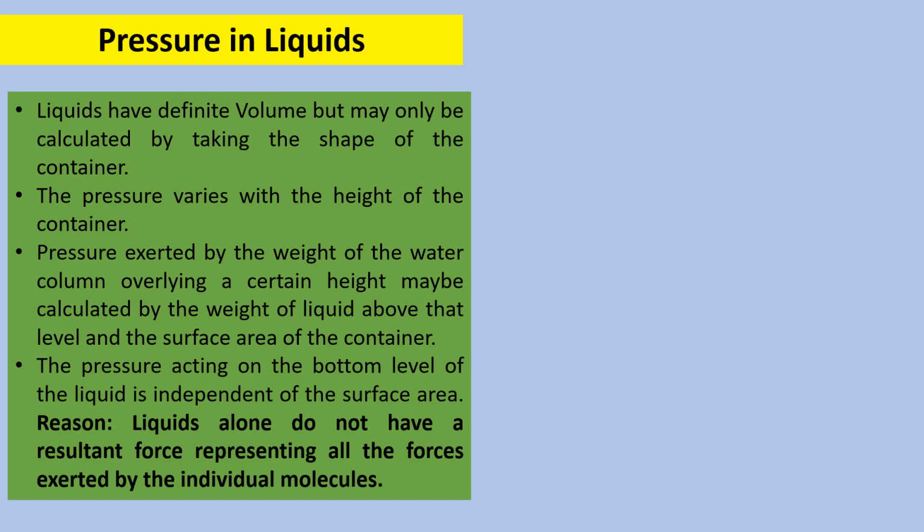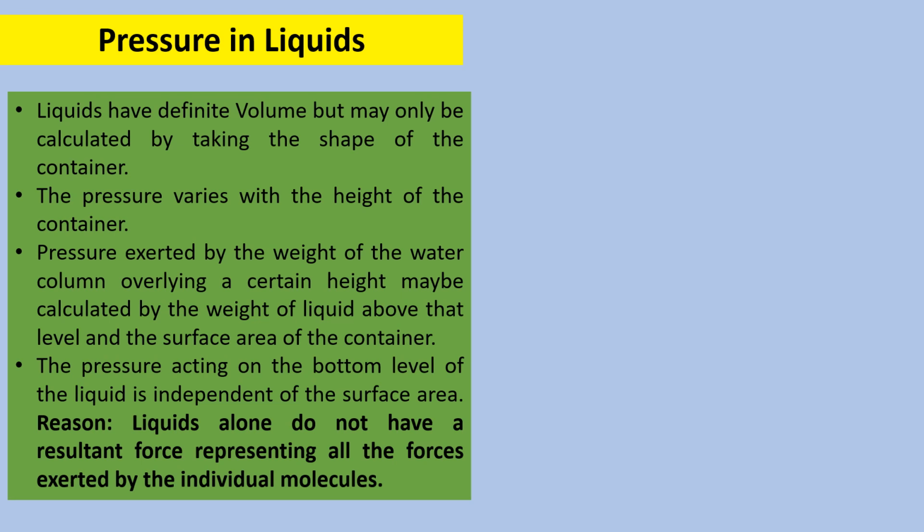To introduce pressure in liquids, previously we had looked at pressure in solids, but remember that there's a difference between solids and liquids. Solids have definite volume, mass, and shape, but liquids have only definite mass and volume but indefinite shape. Therefore, they take the shape of the container.